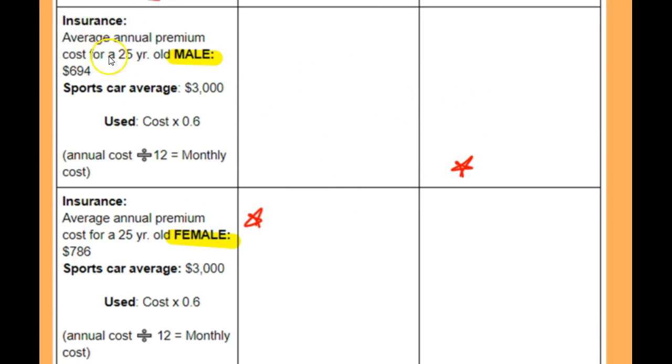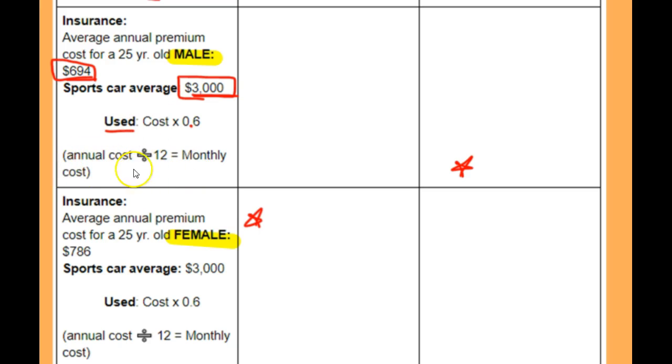So you're going to figure out how much the insurance is going to cost you. Average annual premium cost for a 25-year-old male is $694. If you get any kind of sports car, automatically it's going to be $3,000. If you get any used car, you're going to take that cost, either this number or this number, and multiply it by 0.6. You get kind of a deal for having a used car.